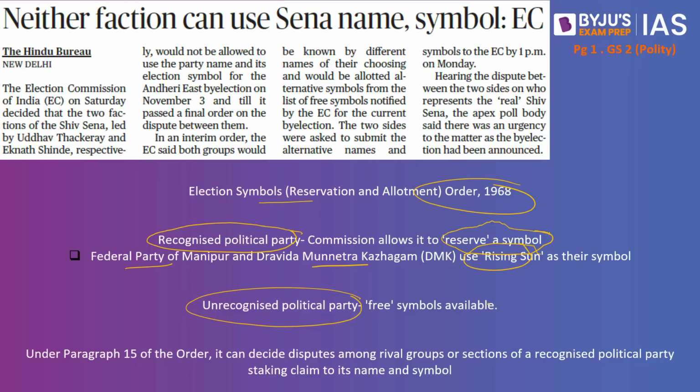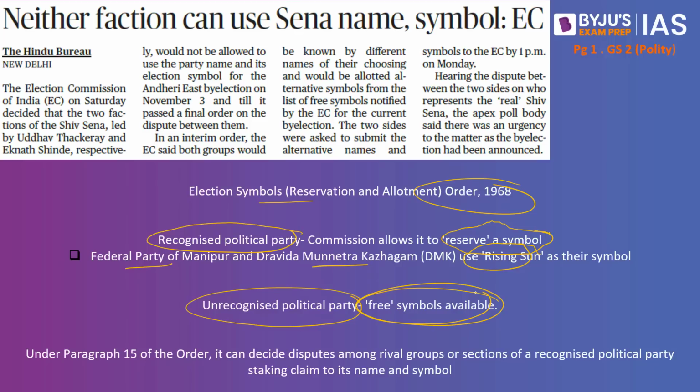So symbols help a person identify a political party, because it establishes a unique identity on one side. On the other side, there might be a few illiterate people who might not know how to read. In that case, the symbols will help in identification of that independent candidate, unrecognized political party, or recognized political party.